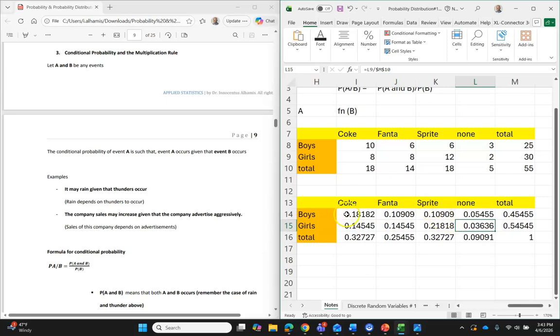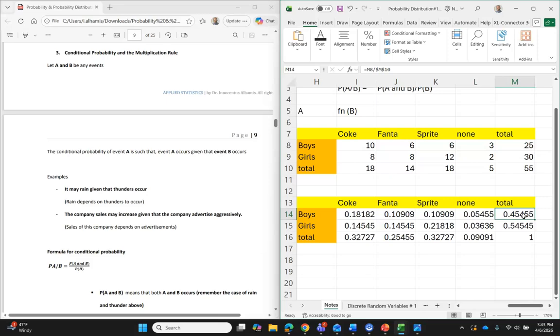And we can add them on their own, so they'll give us the total number of boys. So we have 45 boys, the chance of boys customers will constitute 45% and girls will constitute 55% in this case.